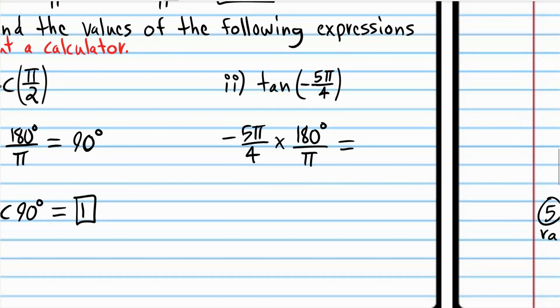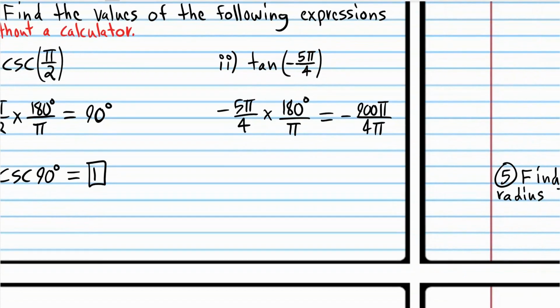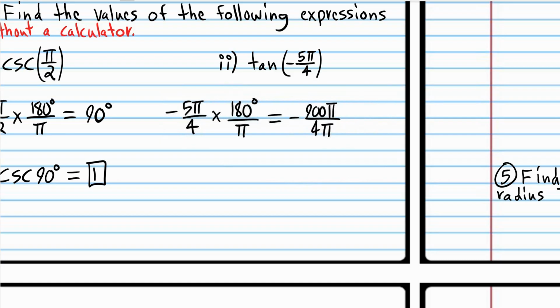So 5 pi times 180 is 900 pi, and 4 times pi is 4 pi. The pi's cancel out, of course, and 900 divided by 4 is 225.